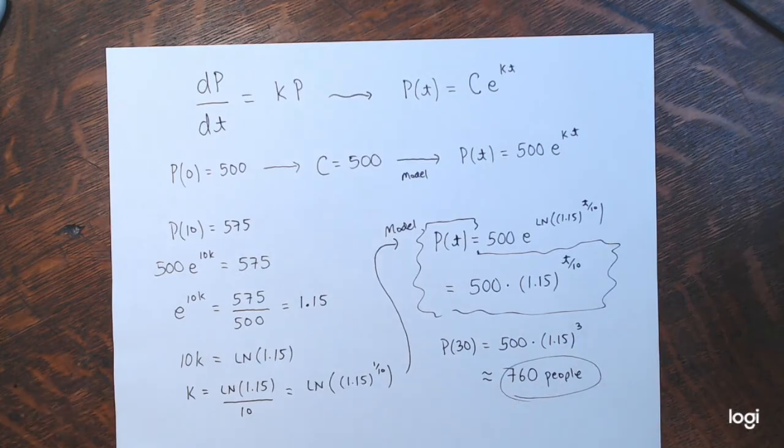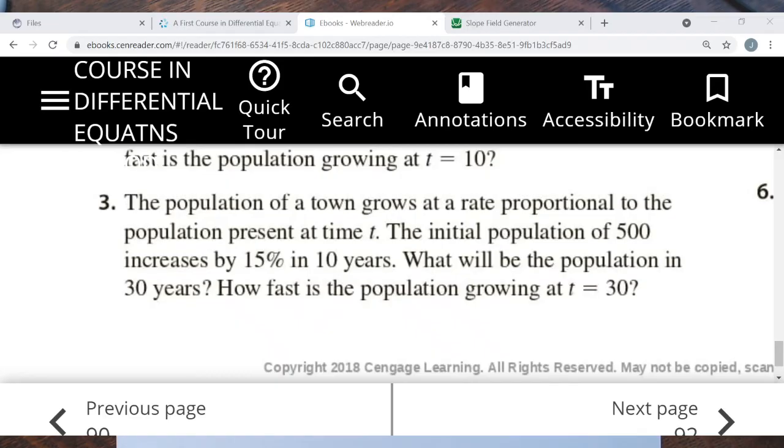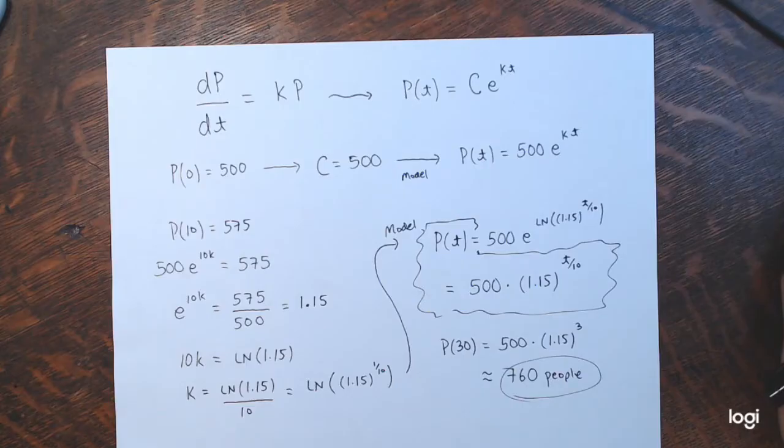And then the final question, how fast is the population growing at this time? Remember, the rate at which the population is growing, the dp dt, is proportional to the population at the time. It's just k times the population.